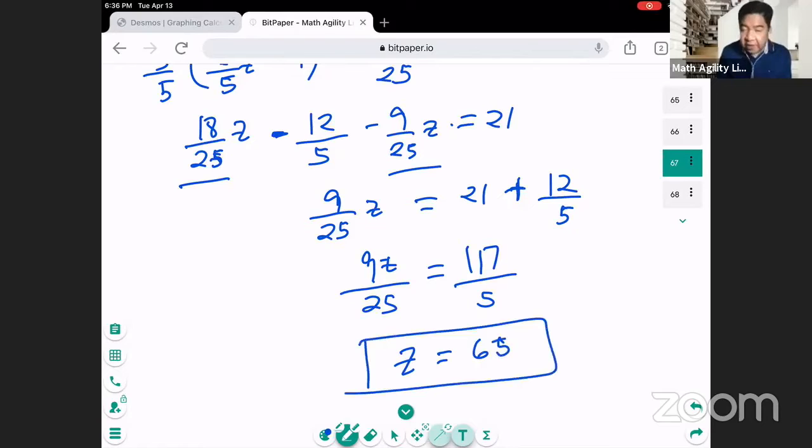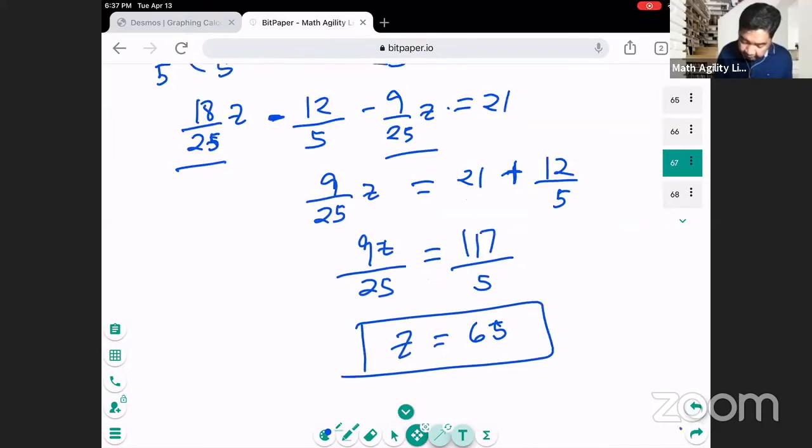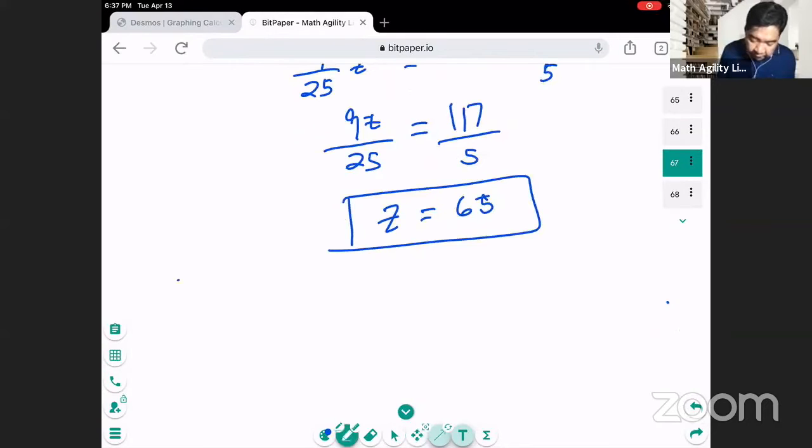So now we have the value for z. And what does z stand for? This is actually the number of marbles Caden gave. So now we can solve for x, right? In equation 3, let's substitute.